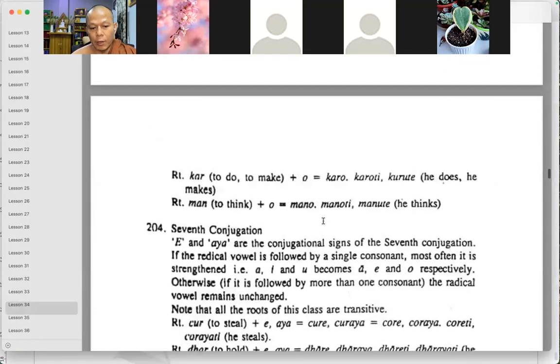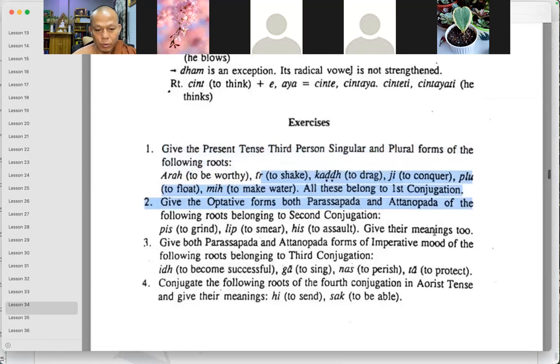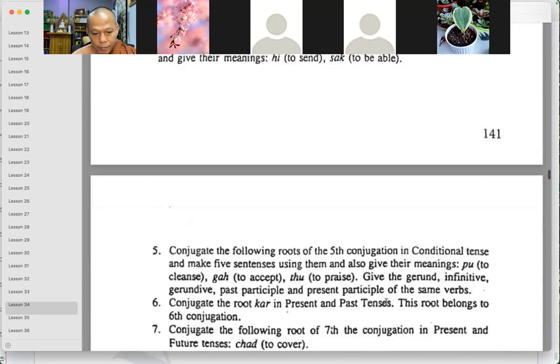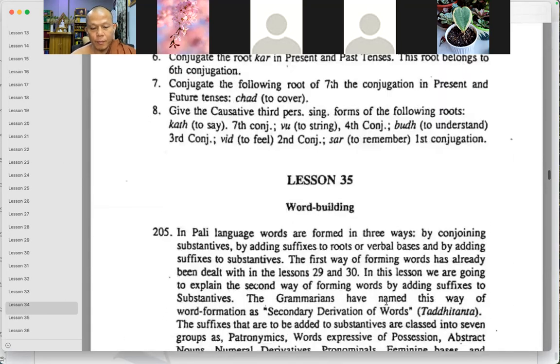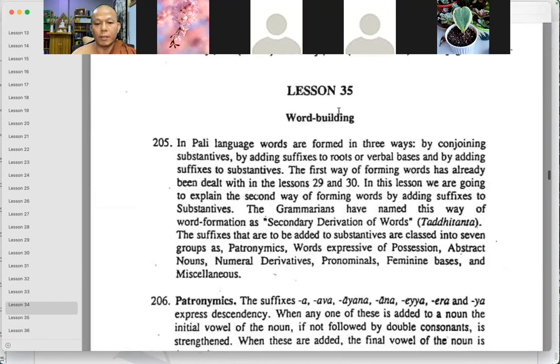In the exercise of that lesson, you give the present tense, both singular and plural forms, of the following roots, and so those are exercises that you can do yourself, not so difficult. So I will skip. Now we will go to lesson 35.